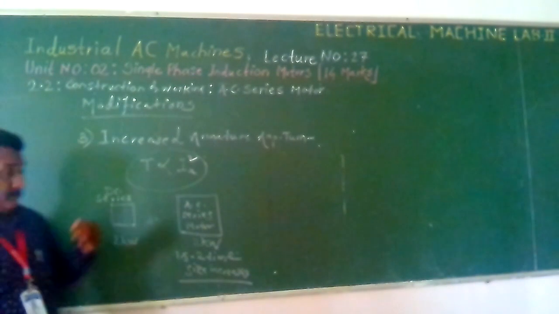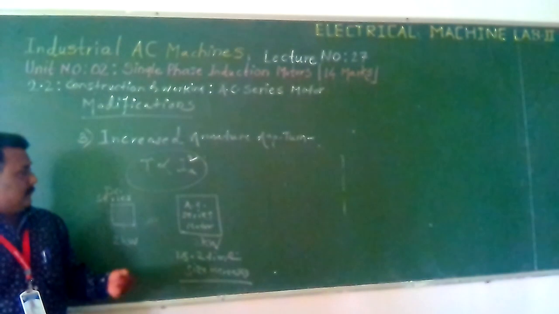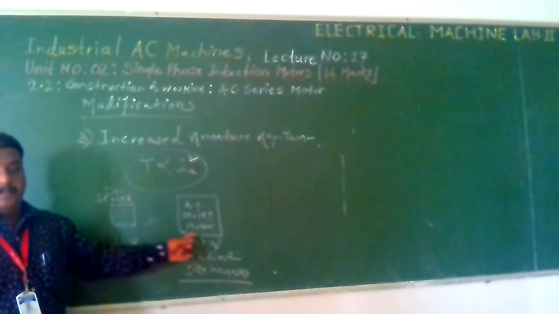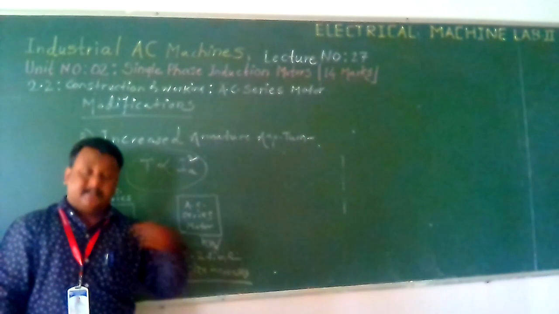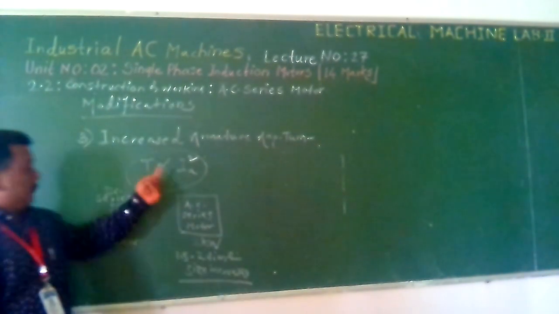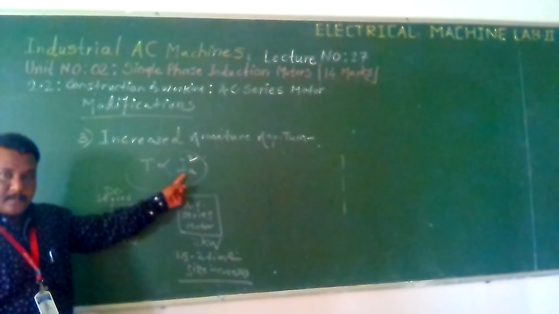By increasing the number of armature ampere turns, the size of the armature in the AC series motor increases, because it is required to handle a high amount of current.